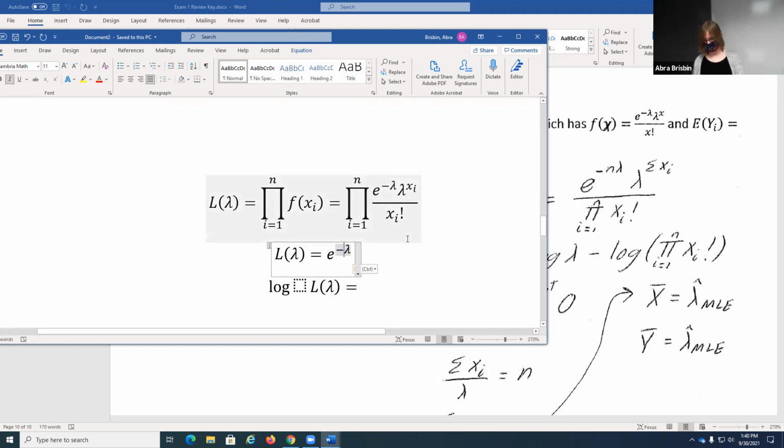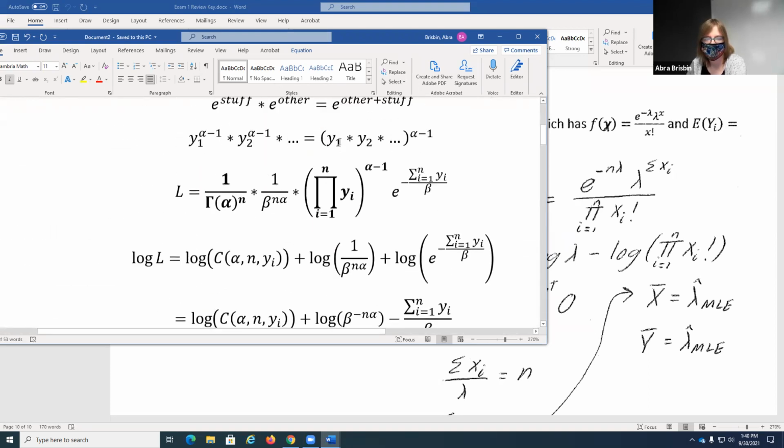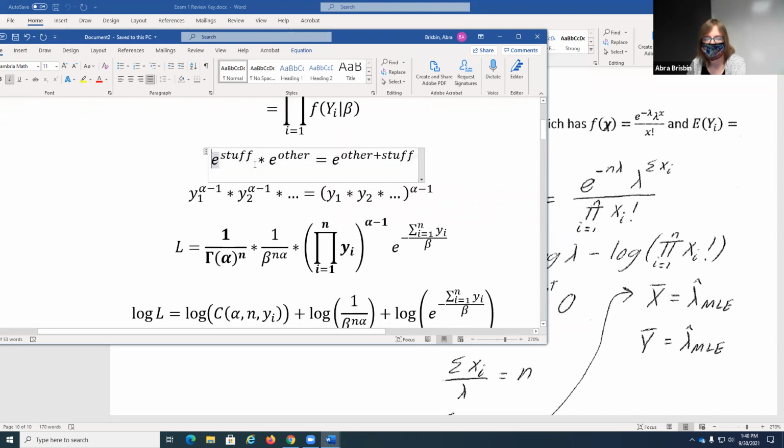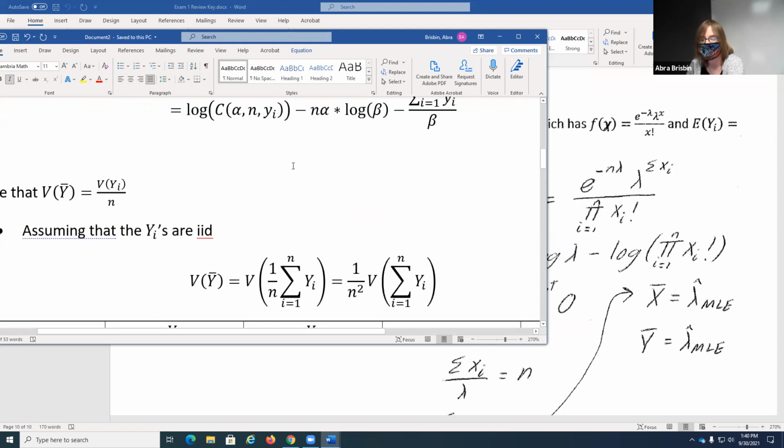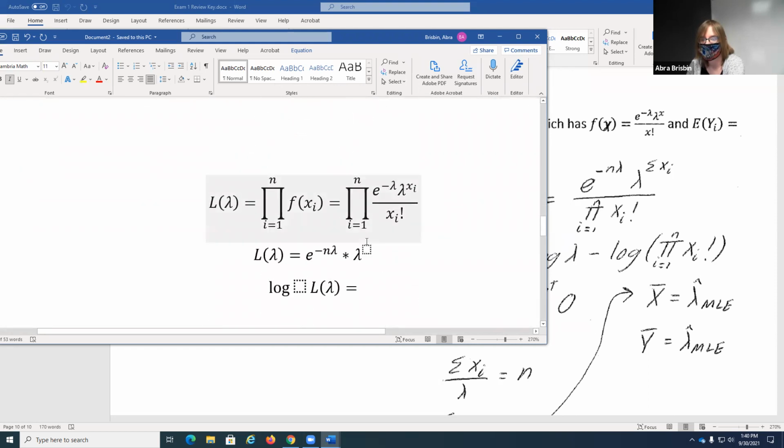So we're going to have e to the negative n times lambda, n copies of that, times lambda to the x sub i's. So this is the same situation that we talked about up here, where we have a constant raised to the power of some stuff times the same constant raised to the power of some other stuff. So that repeated product is just becoming lambda to the sum of the x sub i's.